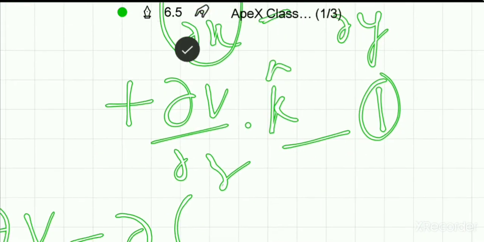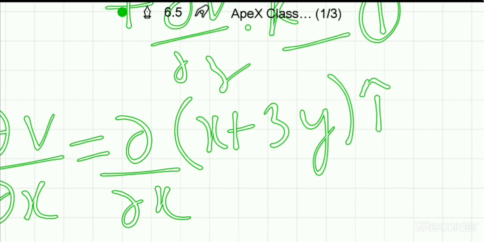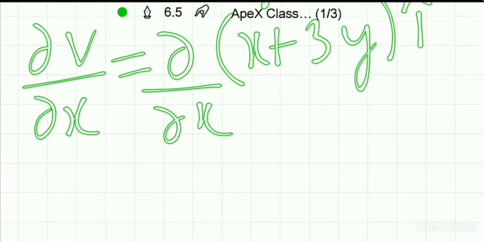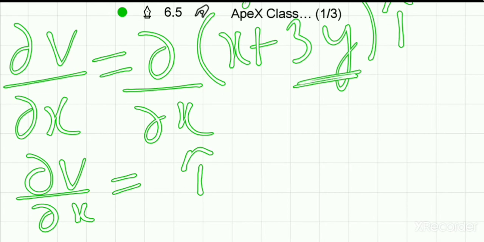So that's why we will write here del upon del x of (x + 3y) i cap. Now this comes out to be, del v upon del x, comes out to be i cap, because this term is y only and it does not contain x, that means the derivative will be equal to 0. So this is equation number 2.